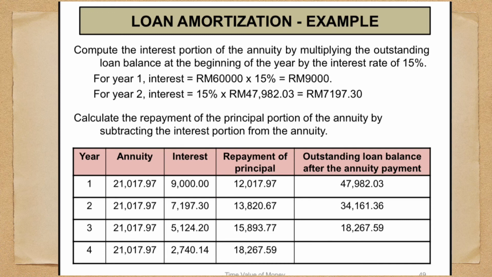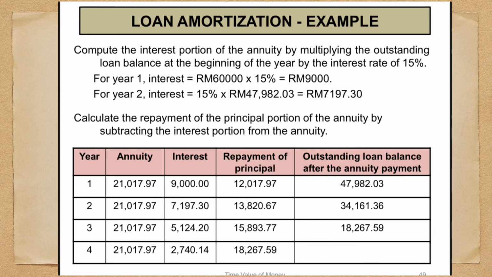For the year 2 interest, the formula is the outstanding loan balance after the annuity payment in year 1, that is 47,982 and 3 cents, times the interest rate of 15%. So the interest is 7,197 ringgit and 30 cents.